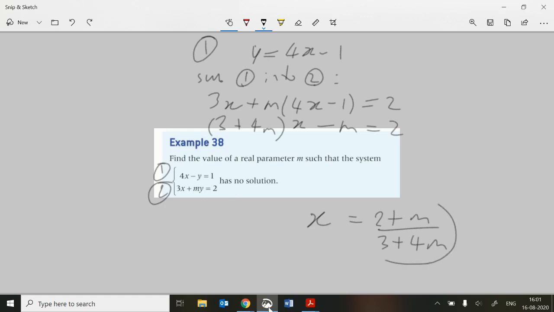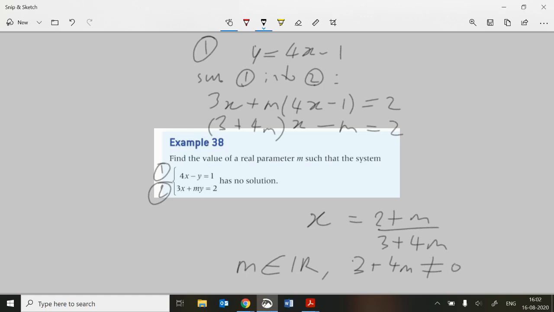And that's a bit like thinking about how to plot our rational graphs. So when this denominator is equal to 0, there will be no defined answer here. You can't divide by 0. So m here could be any real number, but m cannot be equal to... 3 plus 4m cannot be equal to 0.